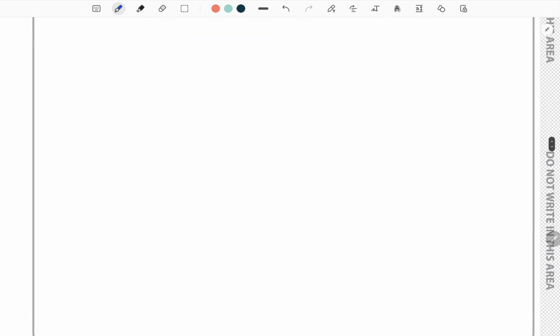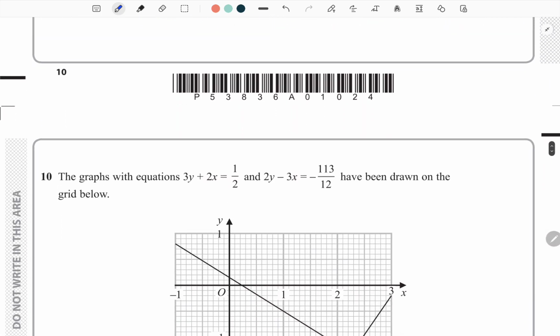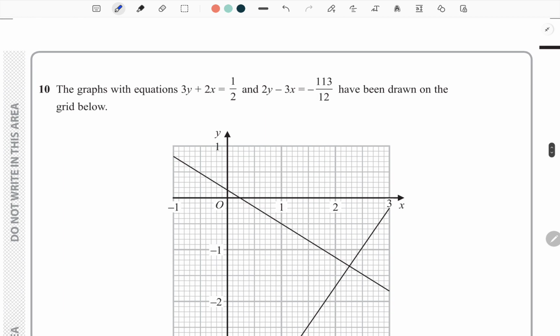Okay. Question number 10. All right. Don't be put off by these nasty looking simultaneous equations, right? Because it's on a grid. It's already on a grid for you.